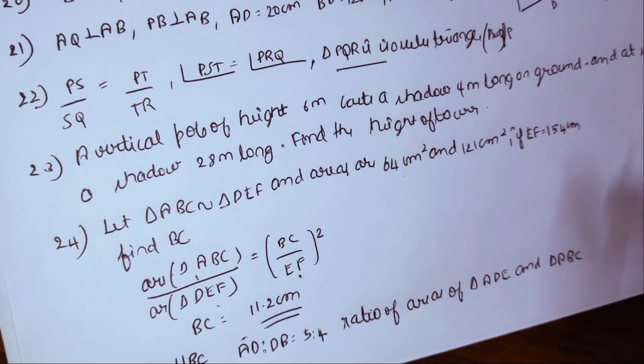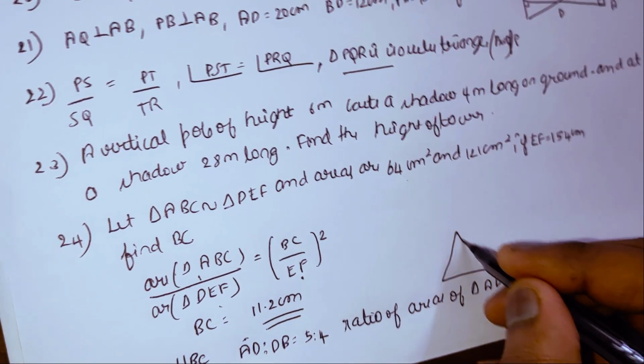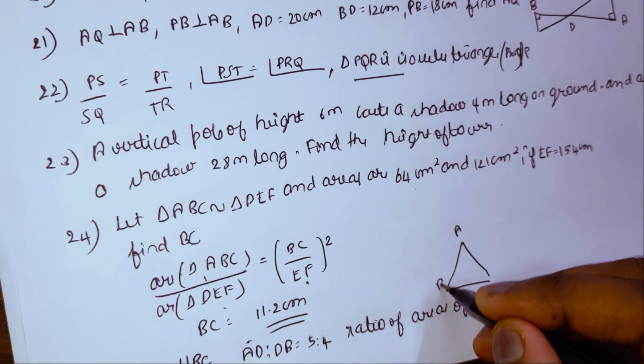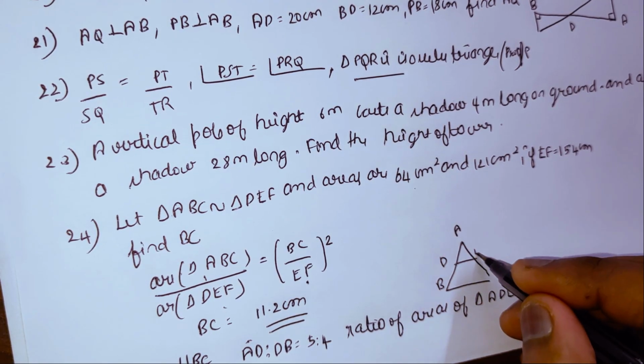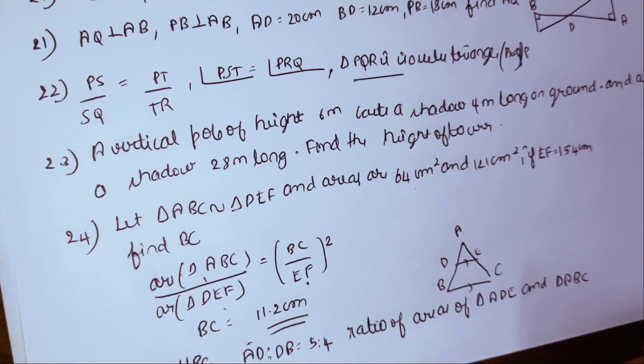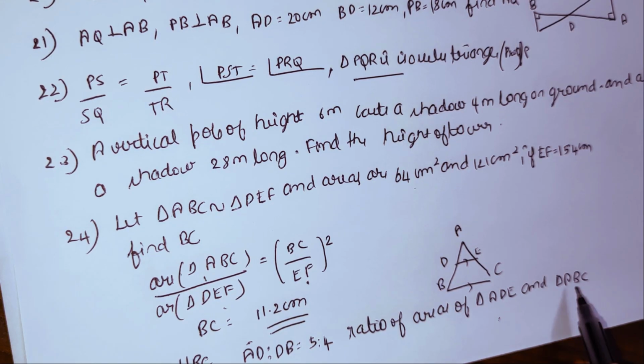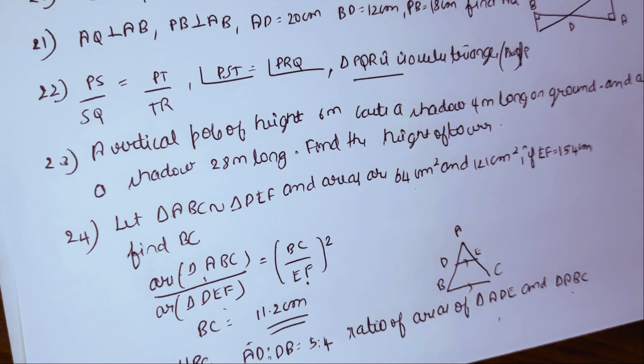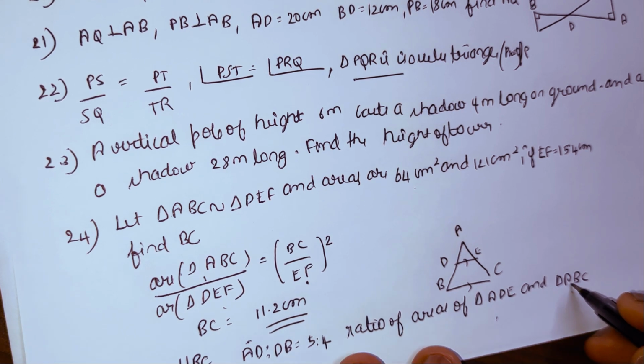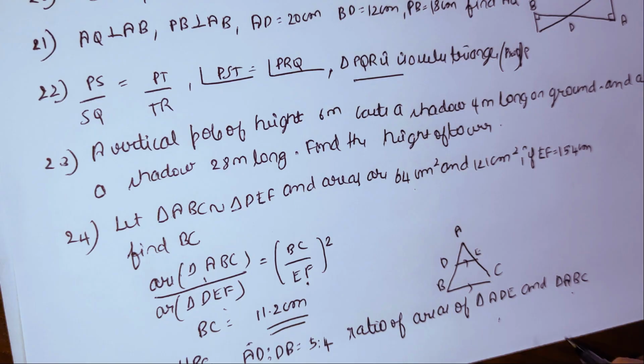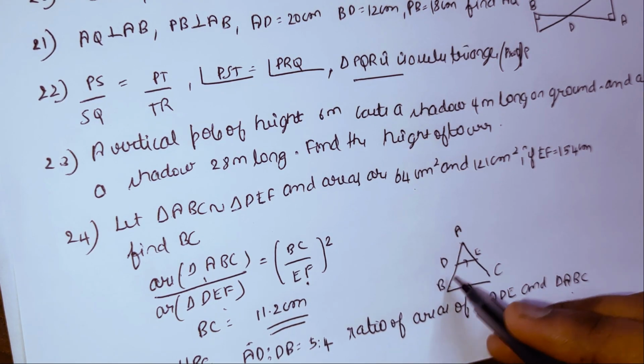They are given a triangle, same as the one used to prove Thales theorem, ABC, DE. Find the ratio of areas of triangle ADE and ABC. AD to DB value is given, that is 5:4.